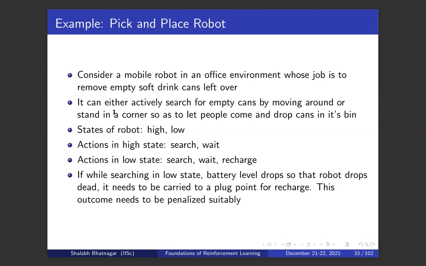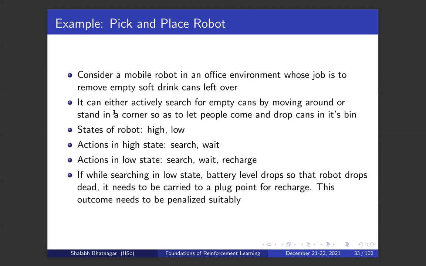Okay, so here is an example which I have taken from Richard Sutton's book. So let's say we have a mobile robot that is there in an office environment, and in an office setting there are various people on various desks sitting around, working on their laptops or whatever. And what they are doing is let's say they have taken some soft drink cans and so on, and they just use the cans and then they left it on the table.